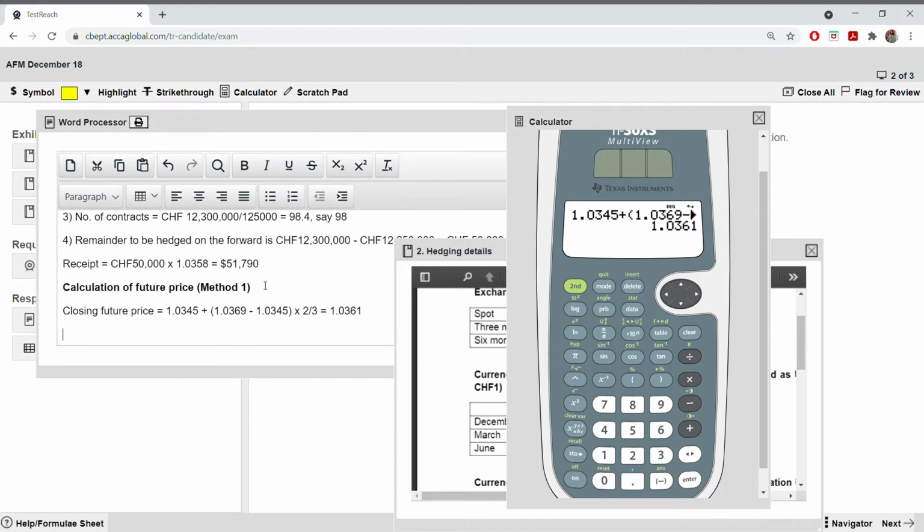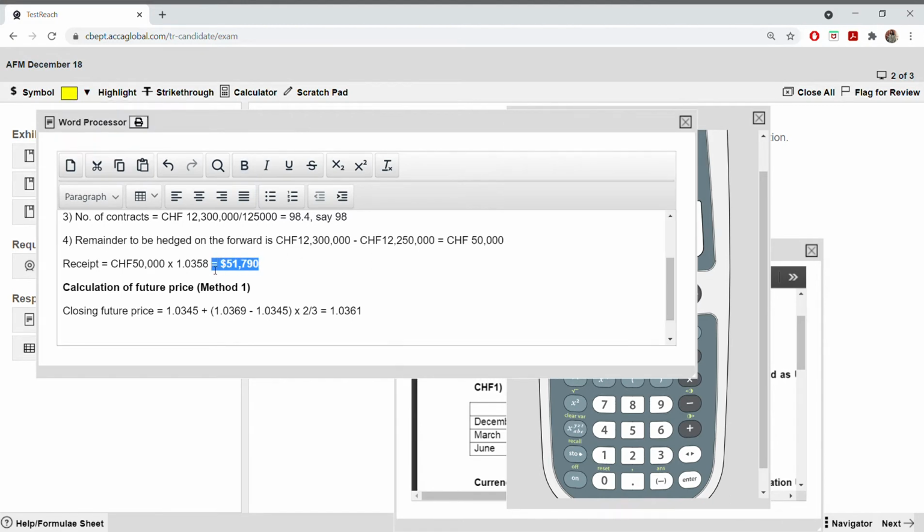Just see this. When you have to make something important, you can highlight it or you can bold it. Bold and highlight, it's good. Okay, so I will highlight it. It's not being highlighted.